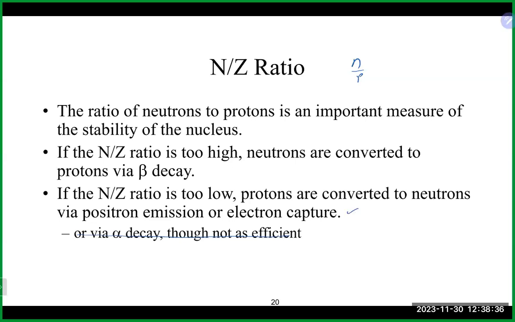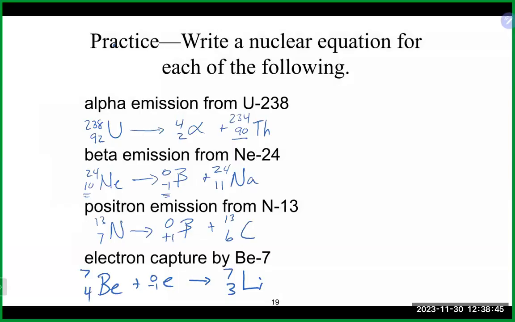Now, you may be asking yourself, why do I have an option of a positron emission or an electron capture? We just did an electron capture here on the bottom right for our beryllium. If we did this same nucleus but as a positron emission, we would end up with a 3 to balance it out, which is lithium, and a 7 on top.